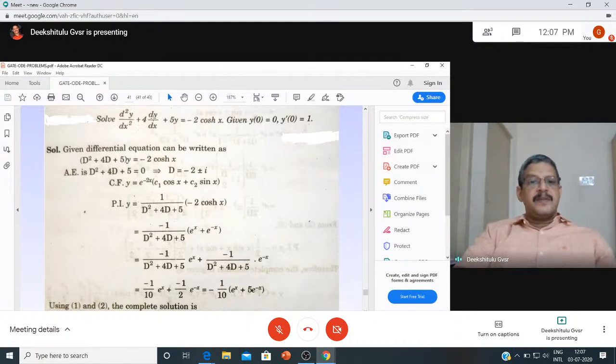For example, the auxiliary equation is m square plus 4m plus 5 = 0. The roots are minus 2 plus or minus i. So the complementary function will be y = e power -2x [c1 cos alpha x plus c2 sin beta x], that means alpha is minus 2, beta is 1.